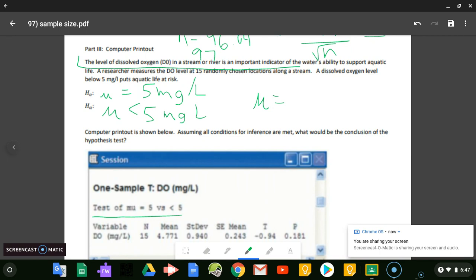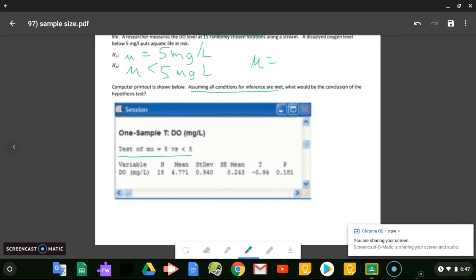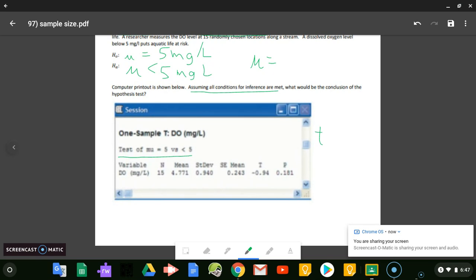Now, normally after we do this, we would have to test our conditions. Here they're telling us the conditions could be met. The last thing we would normally do is our math. We would find our t-score and write our conclusion.